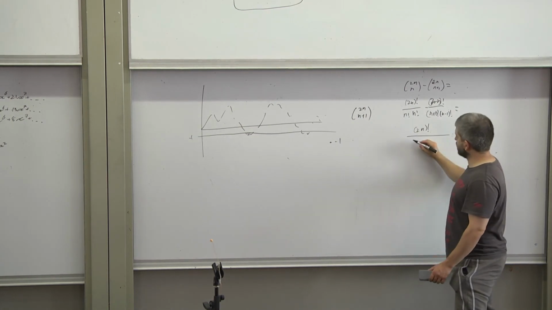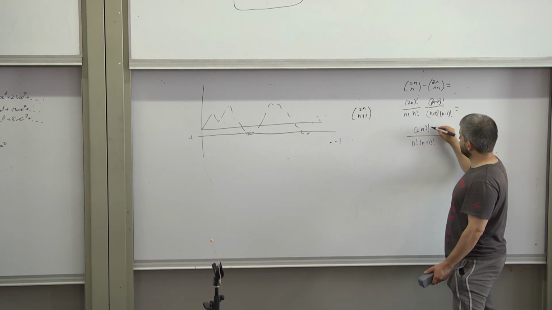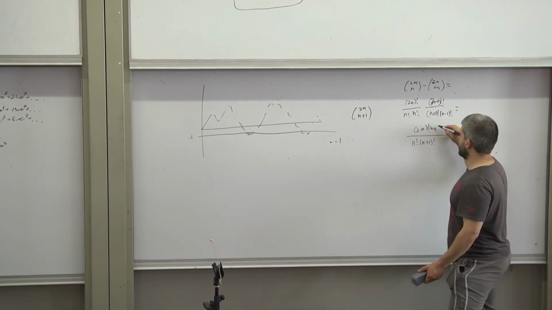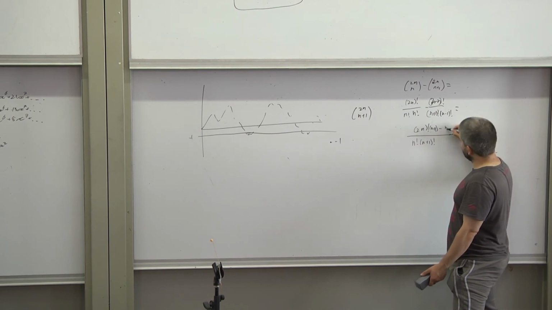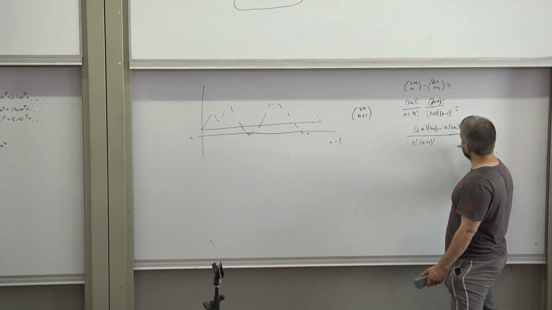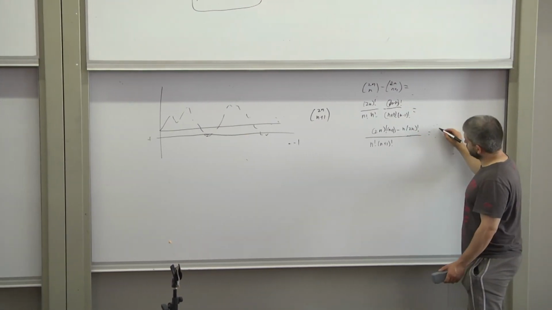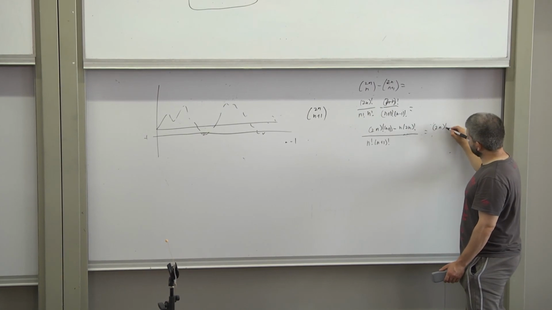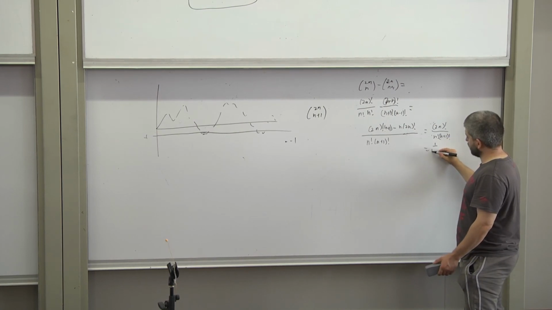So let's make it this one, multiply that one by n plus 1, and this one I have to multiply by n, but it's still 2n factorial. So 2n factorial over n factorial (n+1) factorial, which is 1 over n plus 1 times 2n choose n.